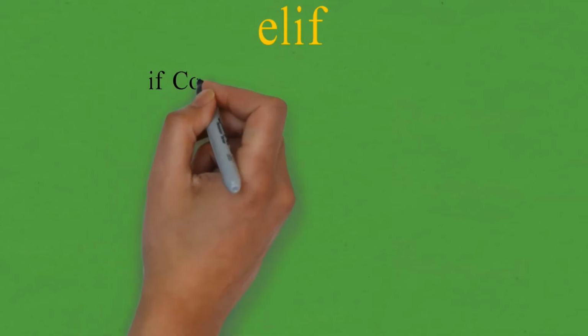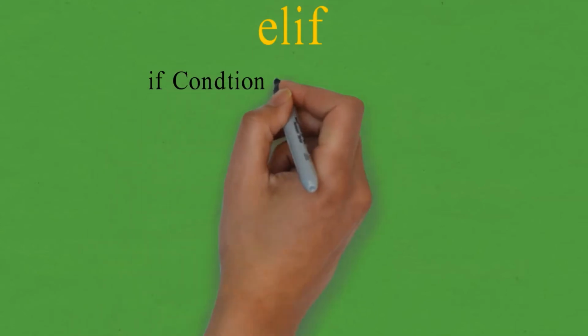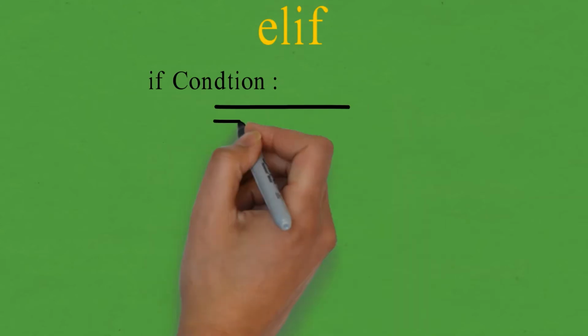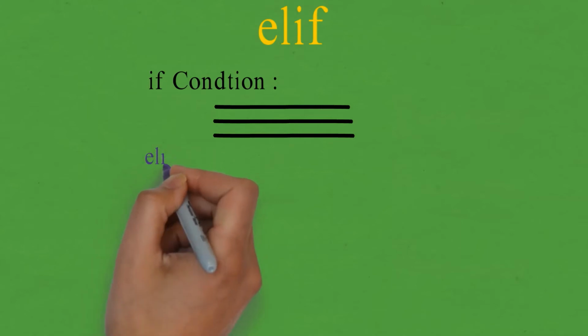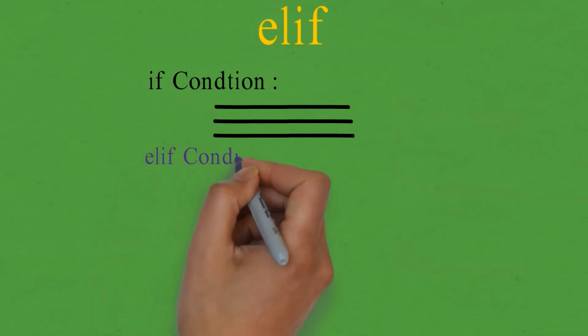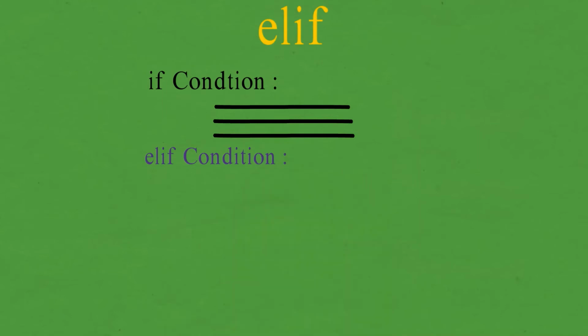Like what we did last time, first the if keyword, then space, then the first condition, then colon. After that, the code that should be executed if our first condition is true. And don't forget to indent that code as we have said earlier. Now here comes the important part. Now we are going to put our second condition.